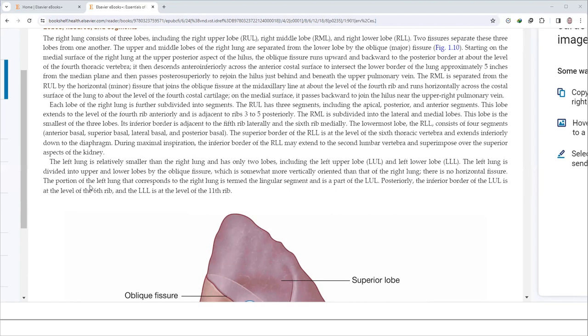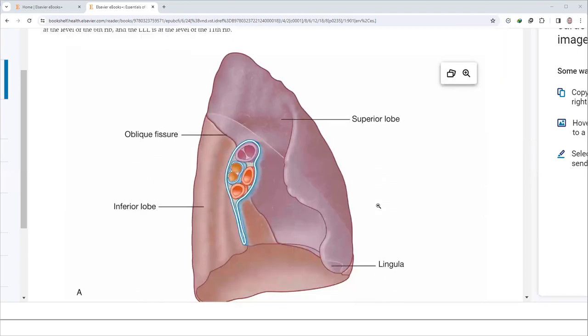The portion of the left lung that corresponds to the right middle lobe is termed the lingular segment, and is a part of the left upper lobe. Posteriorly, the inferior border of the left upper lobe is at the level of the sixth vertebra, and the left lower lobe is at the level of the 11th vertebra.